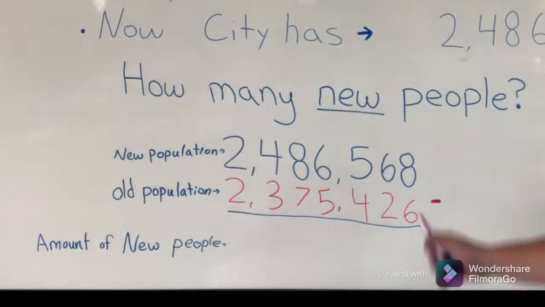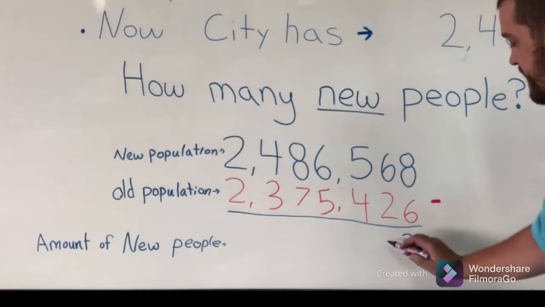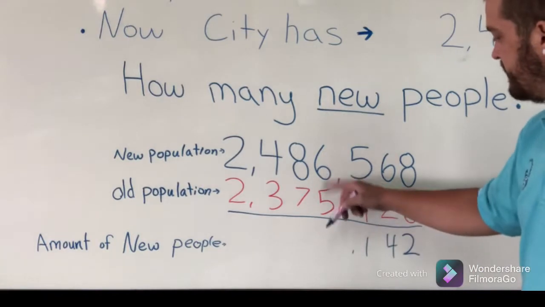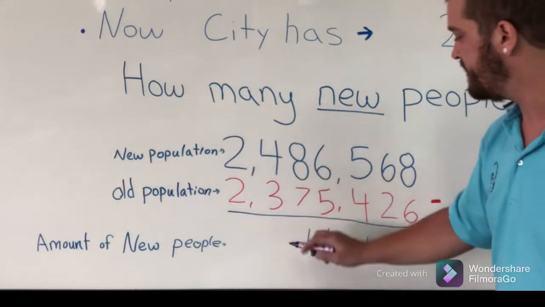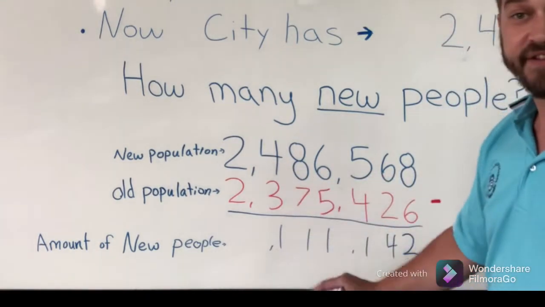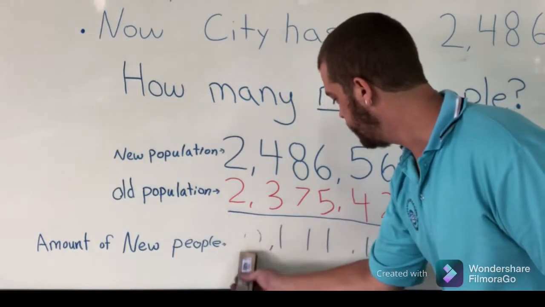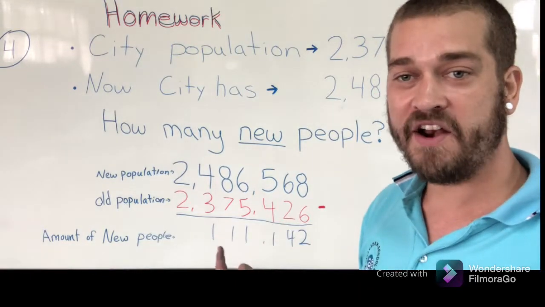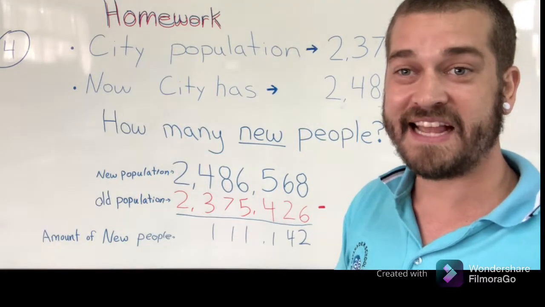So this is just a subtraction problem. 8 minus 6 is 2. 6 minus 2 is 4. 5 minus 4 is 1. 6 minus 5 is also 1. 8 minus 7, 1. 4 minus 3, 1, comma. 2 minus 2 is 0, so we actually do not need this 0 or the comma. The amount of new people is 111,142 people. That's the answer for number 4.